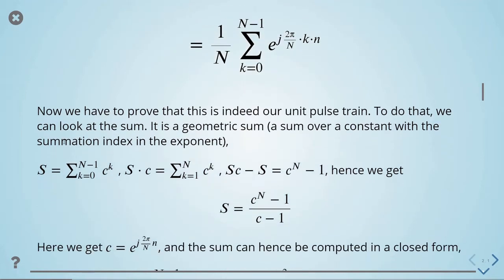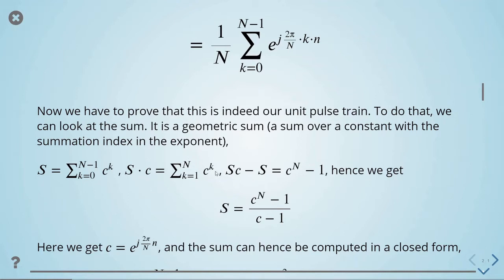So let's remember the geometric sum. We have an exponential going from k equals 0 to N minus 1. What we can do is check what happens when k goes from 1 to N instead of from 0 to N minus 1, and then we get s times c.